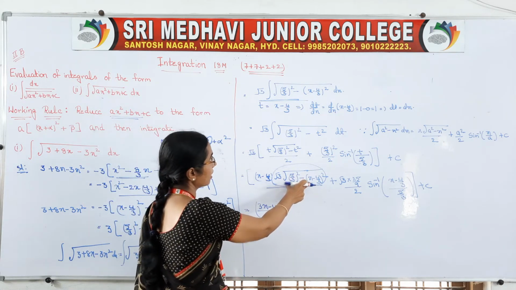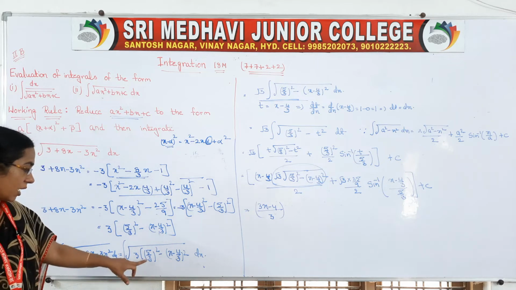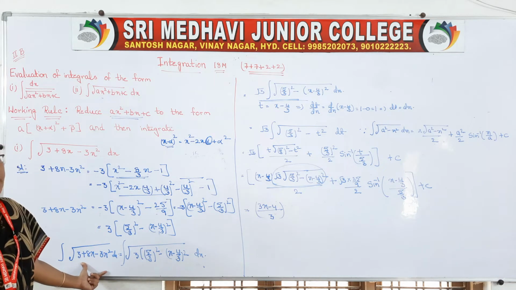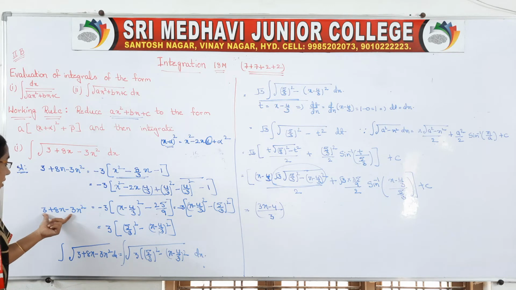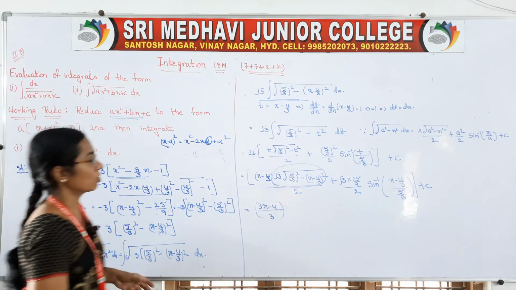This is nothing but root of 3 plus 8x minus 3x².